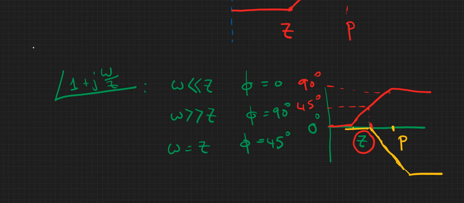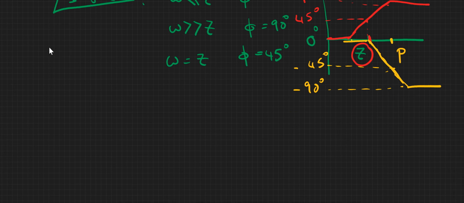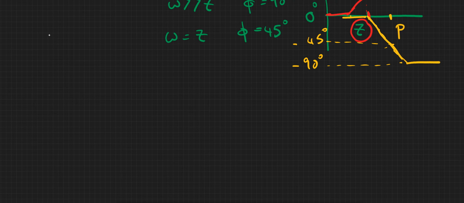This becomes negative 45 degrees, and this is negative 90 degrees, and these are the two terms. This red one is coming from the zero, this other one is coming from the pole, and the overall response of the two of them will essentially be something like this.